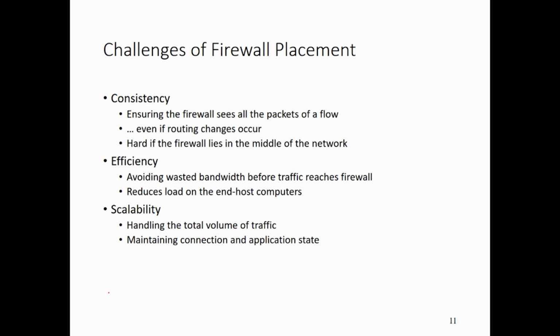But all of these kinds of firewall, to be honest, have some challenges. One of these challenges is consistency. Consistency means we need to place the firewall in a position where it can see all the packets coming to our network or going out from our network. The other challenge is that these firewalls should be efficient enough to avoid bandwidth problems and congestion in our network.